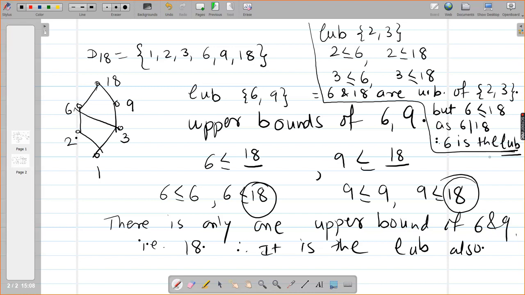Girls, have you understood it? Are you writing it simultaneously? Yes, ma'am. I cannot proceed further without your responses. Somebody should respond.